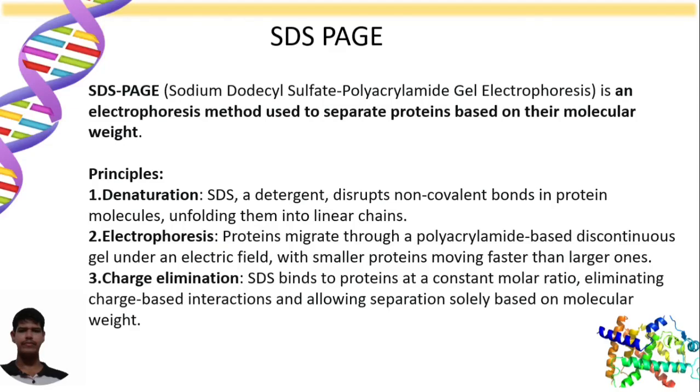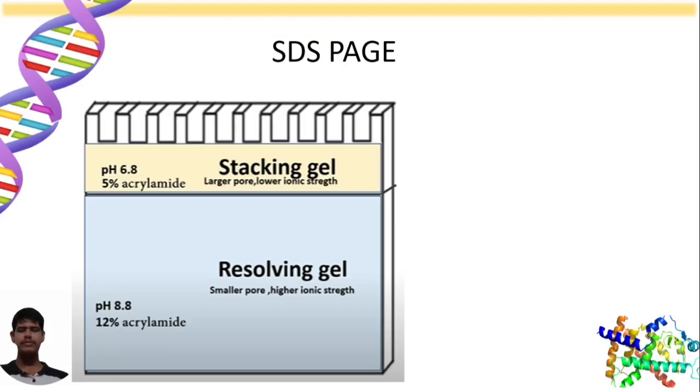SDS-PAGE. SDS is a detergent used to denature proteins. It disrupts the non-covalent bonds in the proteins and gives them a net negative charge. The SDS-PAGE contains two gels, the stacking gel and the resolving gel. The main difference here is in the pH.